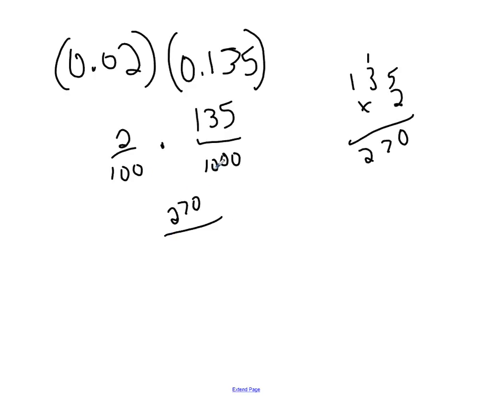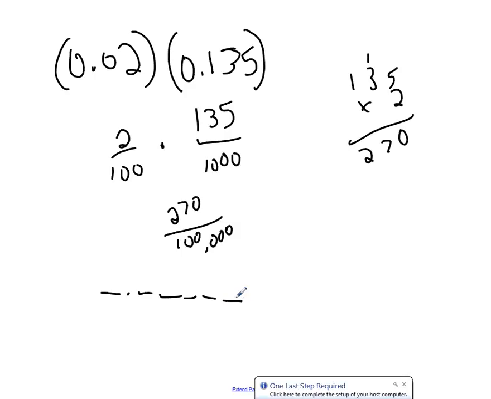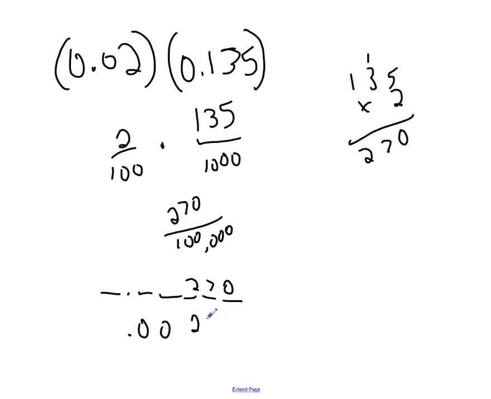100 times 1,000, we call that 100,000. So on the decimal scale, going ones, then tenths, hundredths, thousandths, 10,000ths, 100,000ths. So 270 100,000ths. Fill in my zeros: 0.00270.